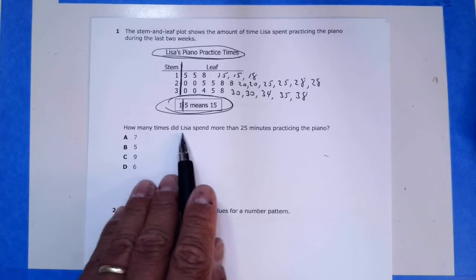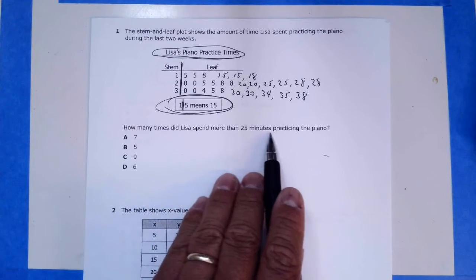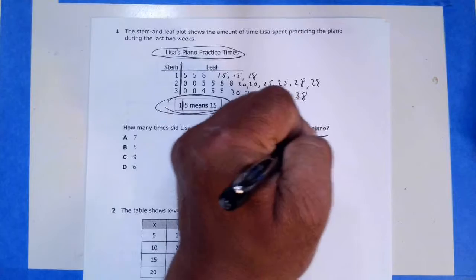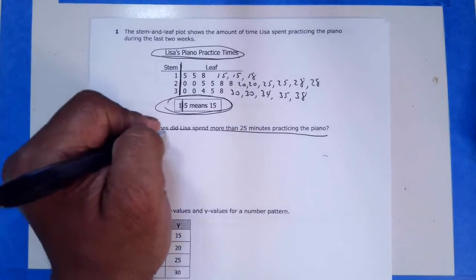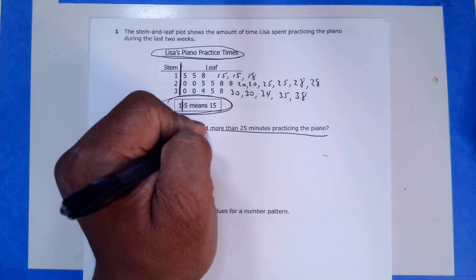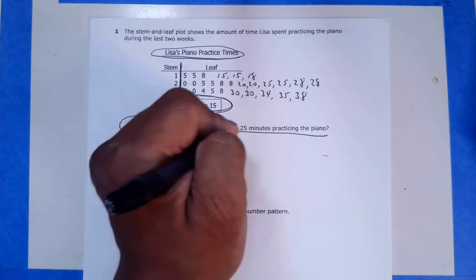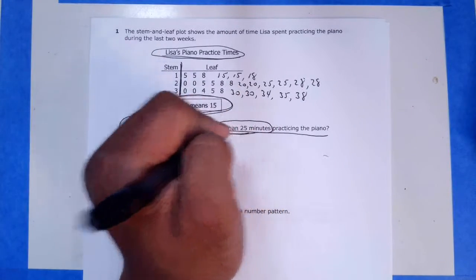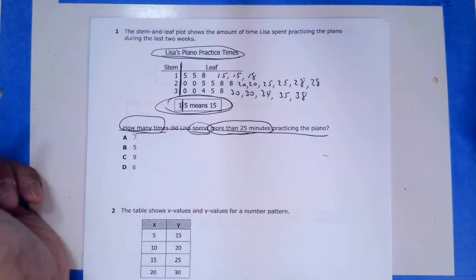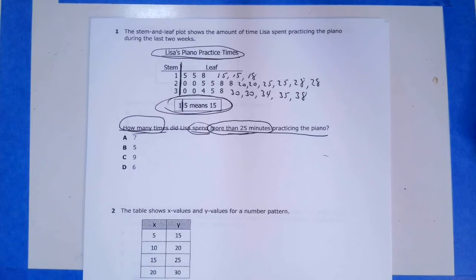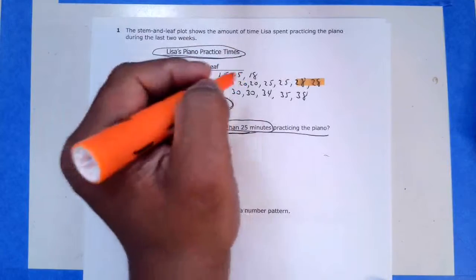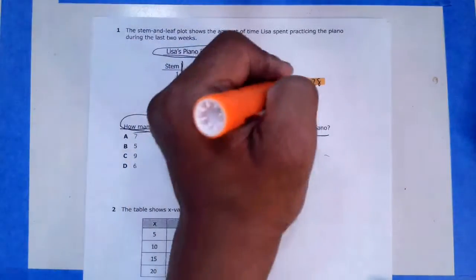Question, how many times did Lisa spend more than 25 minutes practicing the piano? Remember, always underline the question. We want to know how many times she spent more than 25 minutes. So from here, more than 25 minutes, it's going to be those right there.